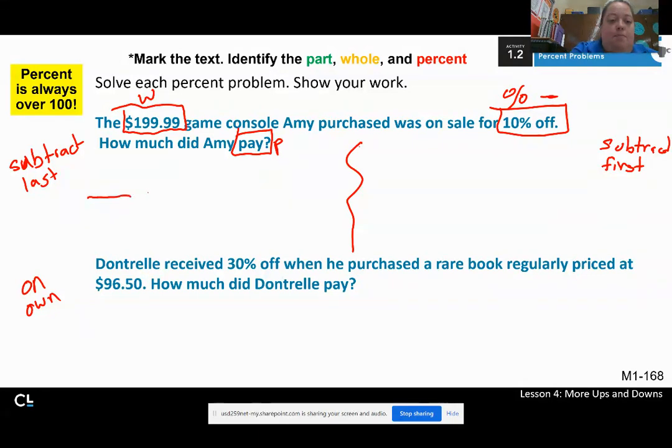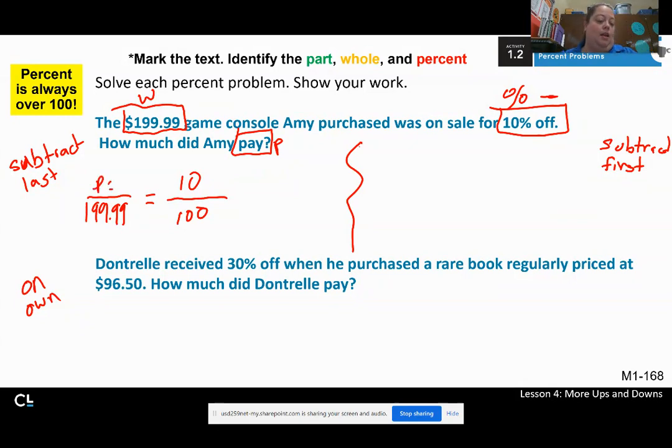So I'm going to set this up. I know this is going to be 100. So where would the rest be? Excellent. So this would be 10. This would be 199.99. And this is our part.